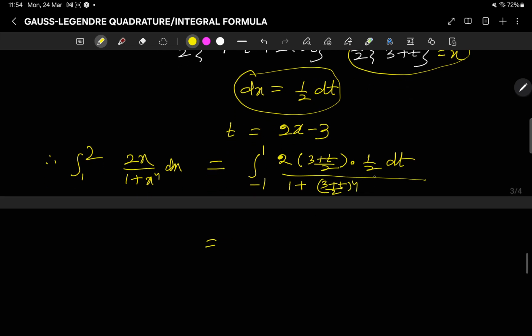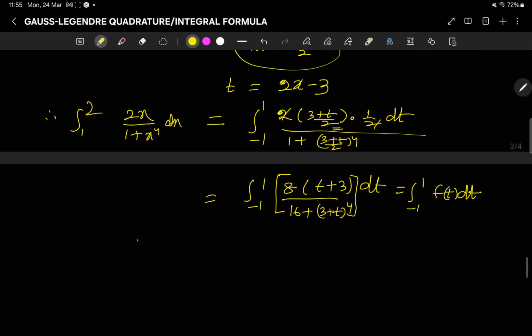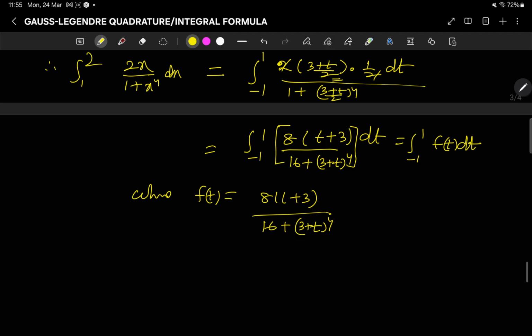If you simplify it, it is integral minus 1 to 1, with 1 by 2 remaining and 16, it becomes 8. So it is 8 into (t plus 3) dt divided by 16 plus (3 plus t) whole fourth. Okay, so this is my f(t) now. So this is integral minus 1 to 1 of f(t) dt, where f(t) is equal to 8 into (t plus 3) divided by 16 plus (3 plus t) whole to the power 4. Now we apply the Gauss Legendre.